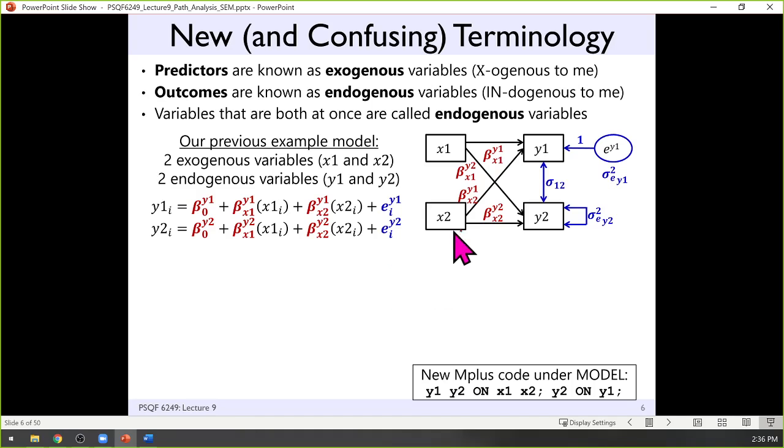You can either make a curved arrow into itself, and people call that variance, or you can make it explicit and show E as another predictor that's latent of this. And so like y1 is partly whatever x1 contributes, whatever x2 contributes, and then whatever's left is E. And so this circle is what we've been using in the SEM diagrams to convey residual variance. You may also see it written this way down here.